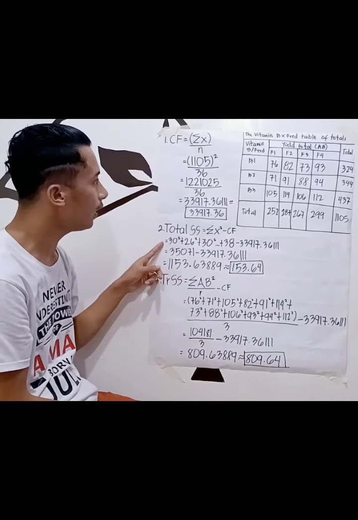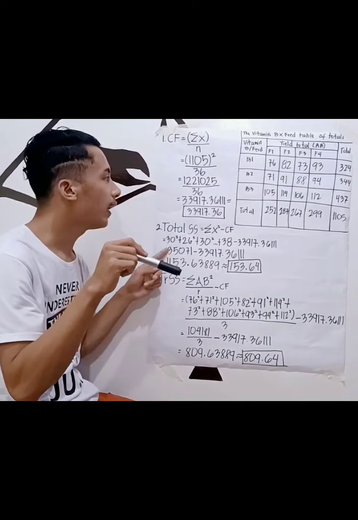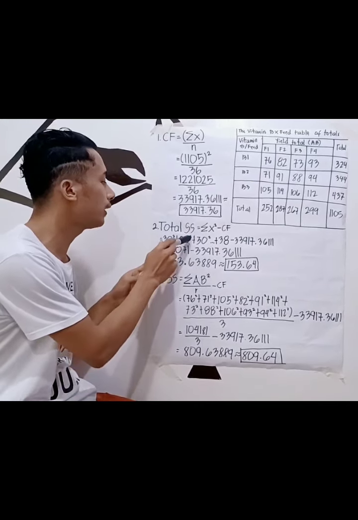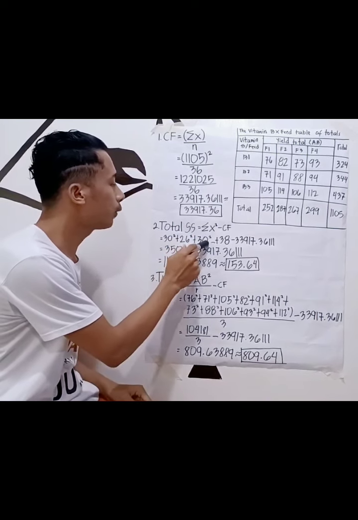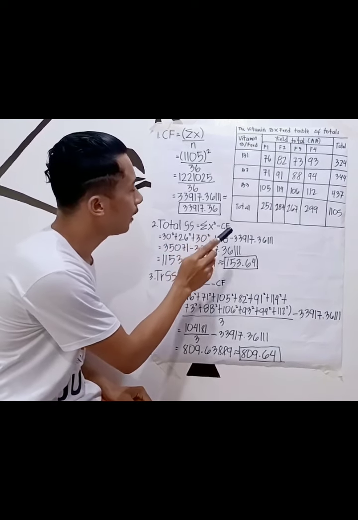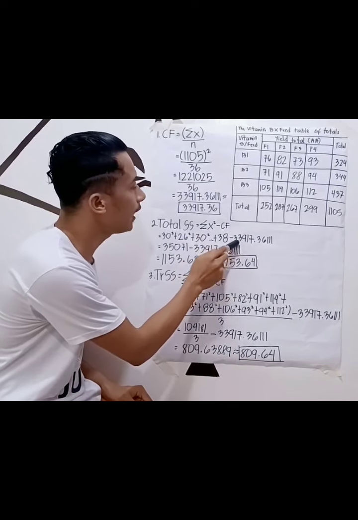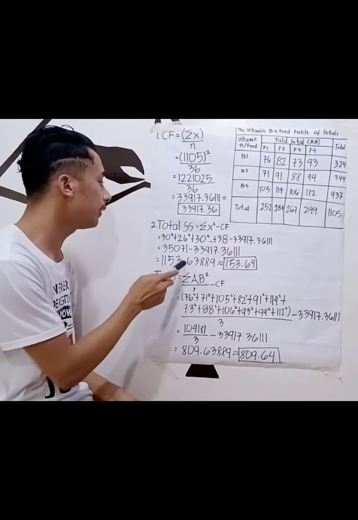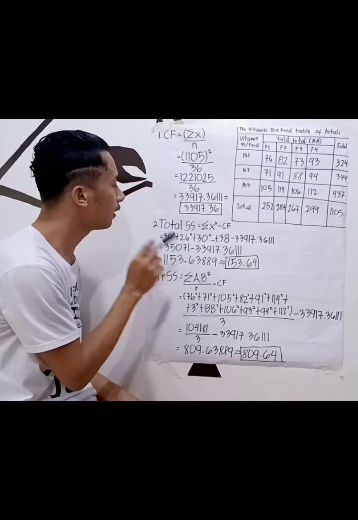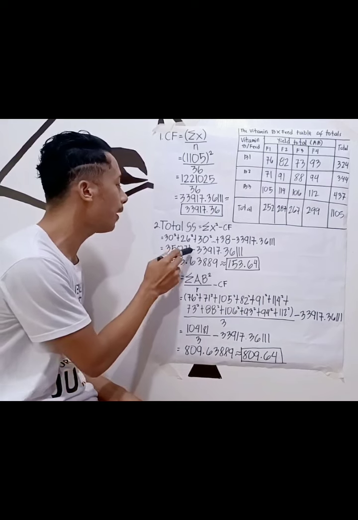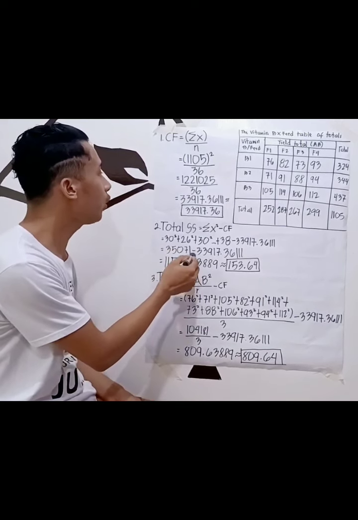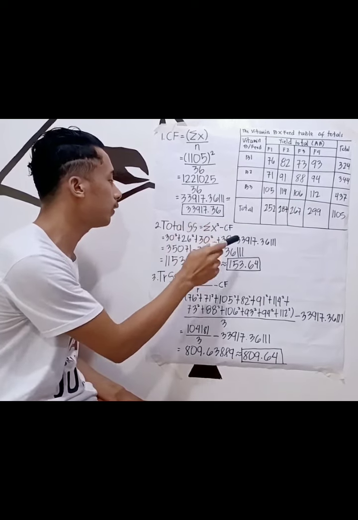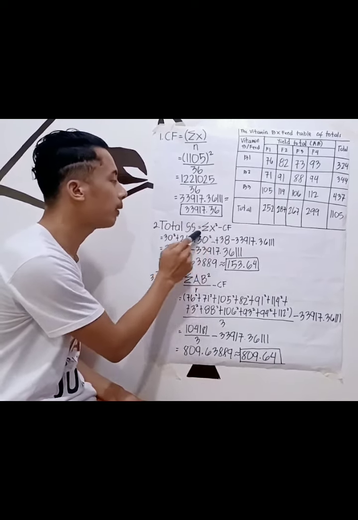So 30 squared plus 26 squared plus 30 squared and so on, which results in 35,071. Then we subtract the CF, 33,917.36111, from the summation of x squared.